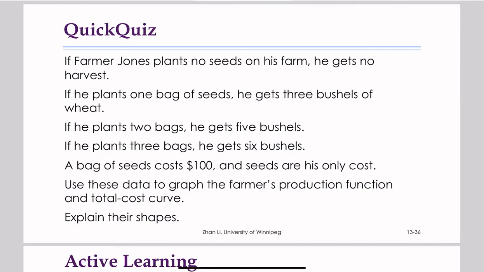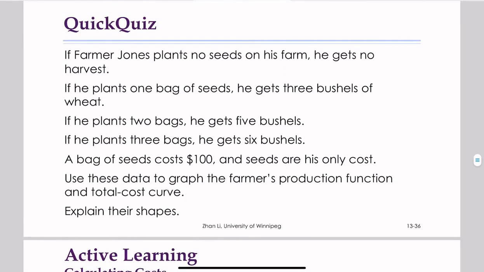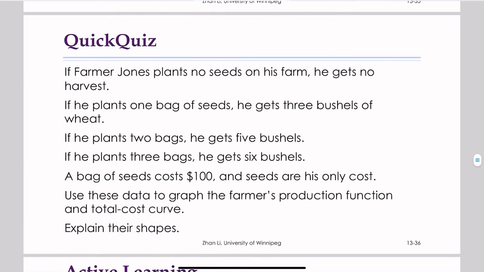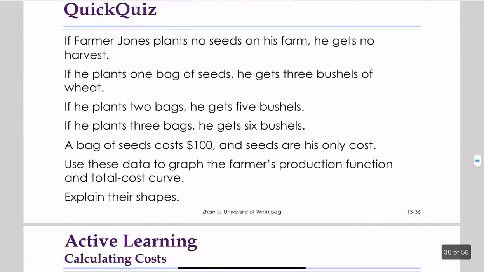And a bag of seeds costs 100, and seeds are his only cost. So use this data to draw out the farmer's production function and total cost curve and explain their shapes. Okay, you can see that this is a pretty easy exercise. So let's start with the production function, right?